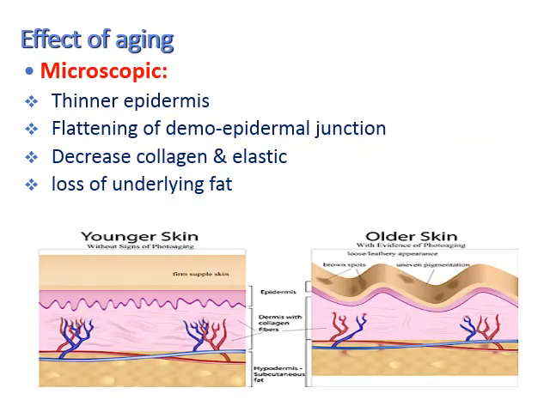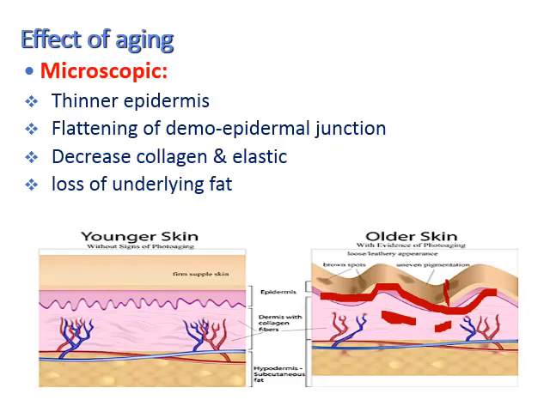Regarding the microscopic effect of aging on the skin, there is thinning of the epidermis and flattening of the dermoepidermal junction, as we see here. There is also decrease in the collagen and the elastic fibers content and decrease in the underlying fat, and this leads to the appearance of wrinkles.